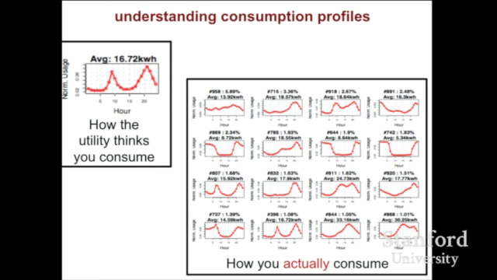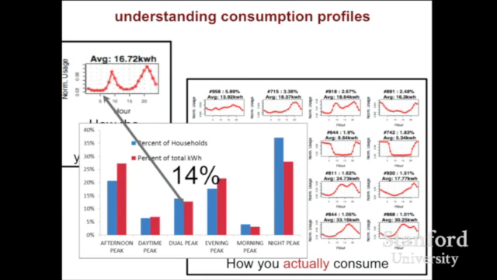So the question was, well, how much actually matches your belief? You designed all your programs to extract flexibility based on this belief on the top left corner. Here's how much it matched. Actually, only 14%. So basically, no wonder a lot of your programs are not doing well, because only 14% of the load shapes actually follow what you believe.